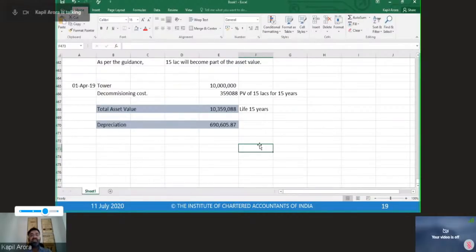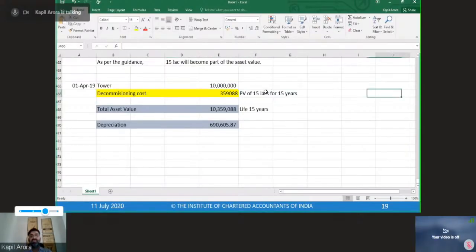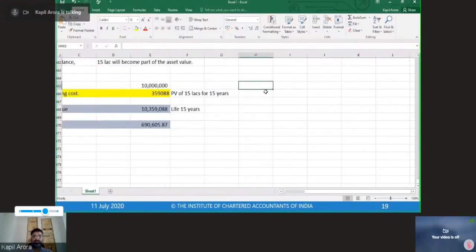But what is the accounting entry for this? When we have added this 3,59,088 to the value of asset, what would be the general entry?